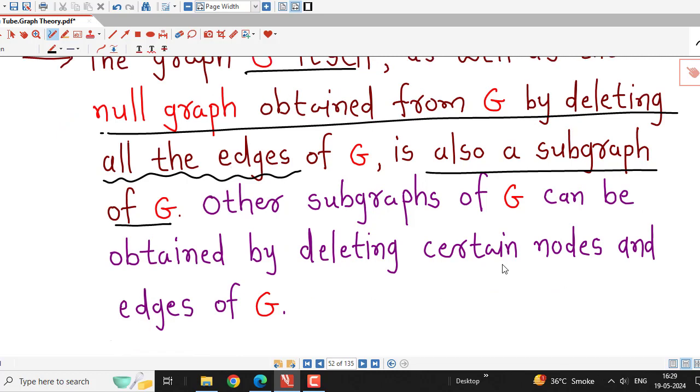Other subgraphs of G can be obtained by deleting certain nodes or vertices and edges of graph G.